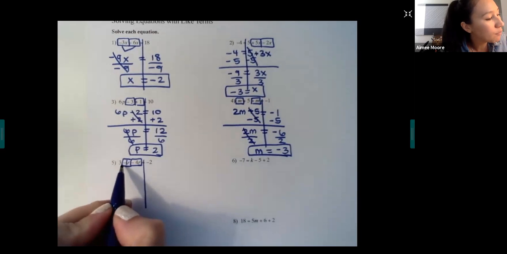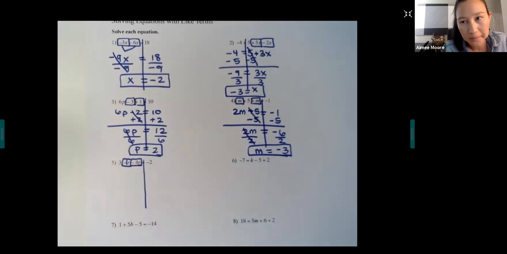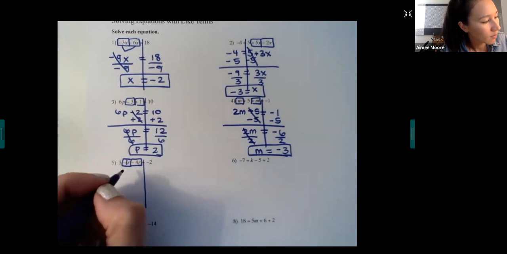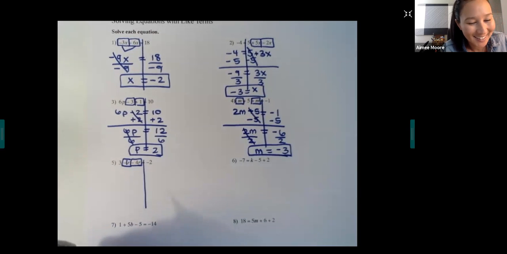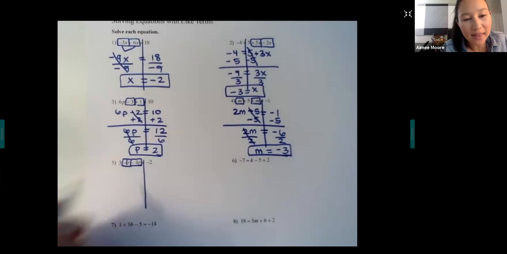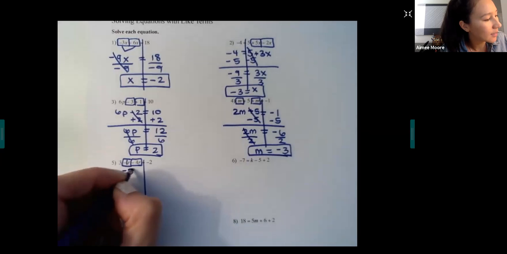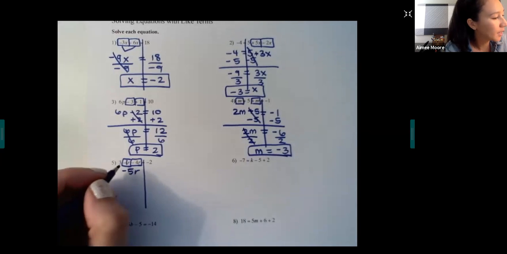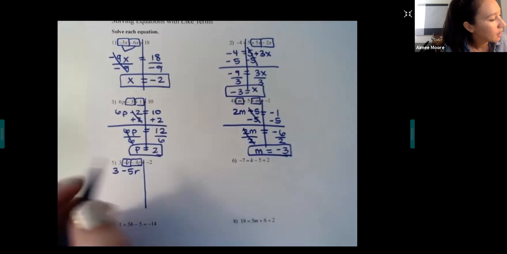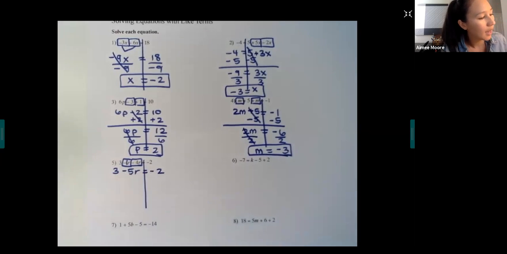So what's -1 minus 4? Negative. So if they're both negatives, we add them and we keep the sign. So -1 and -4, yep, that's -5r.